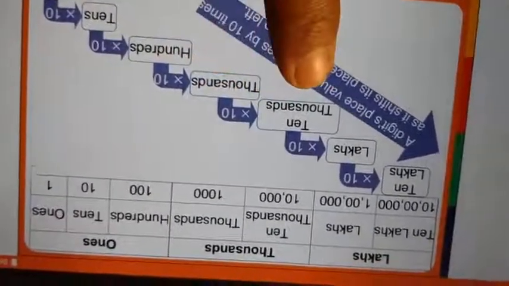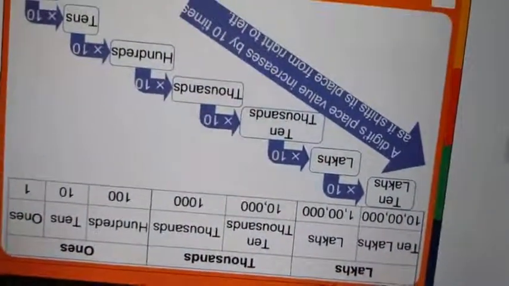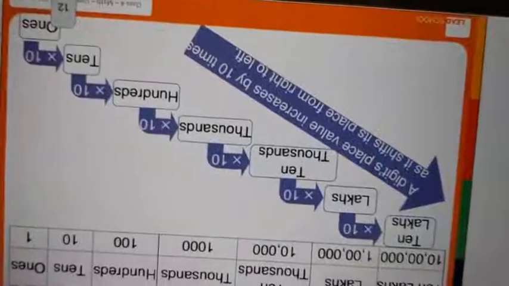A digit's place value increases by 10 times. How many times? 10 times, as it shifts from right to left. Right से कहाँ जा रहा है? Left.